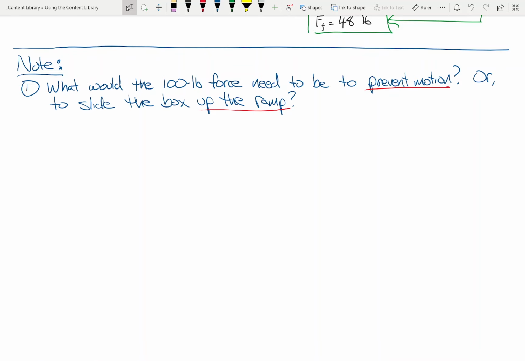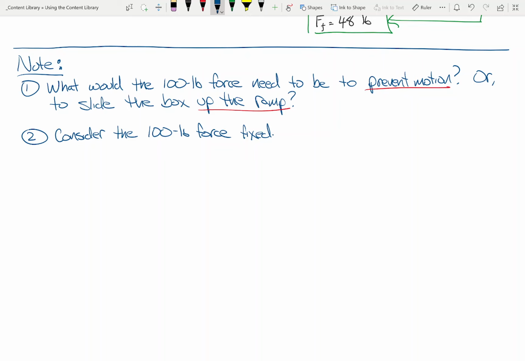Here's another one. Consider, let's leave the 100 pounds as is.